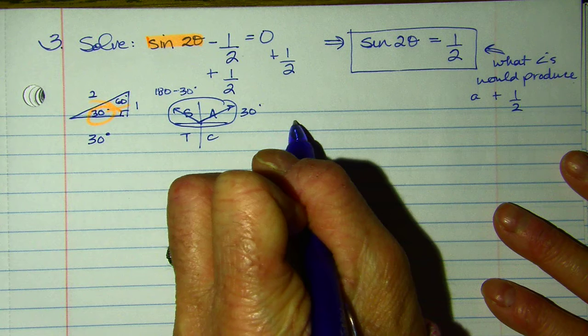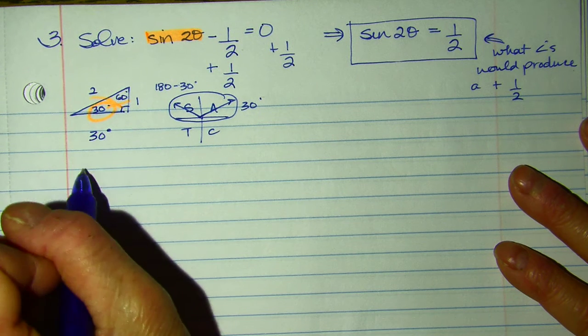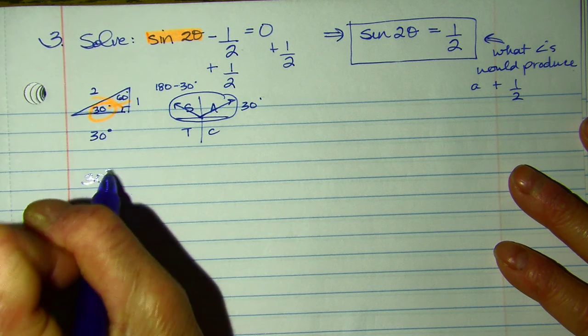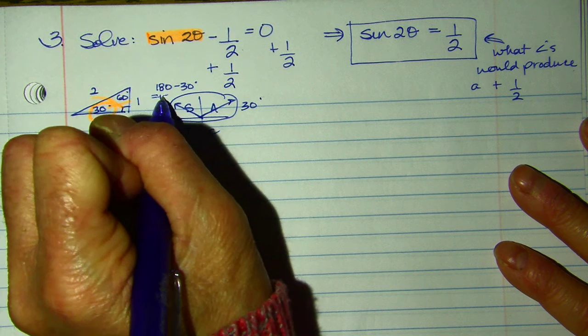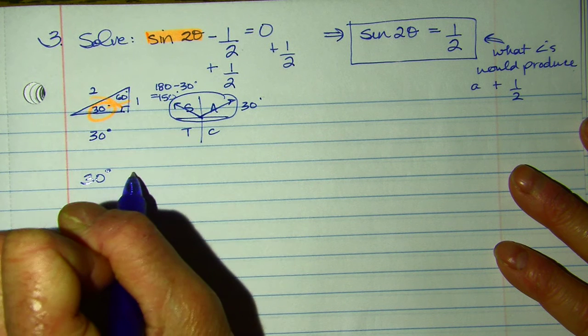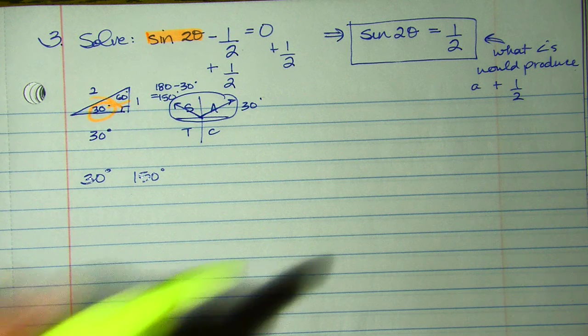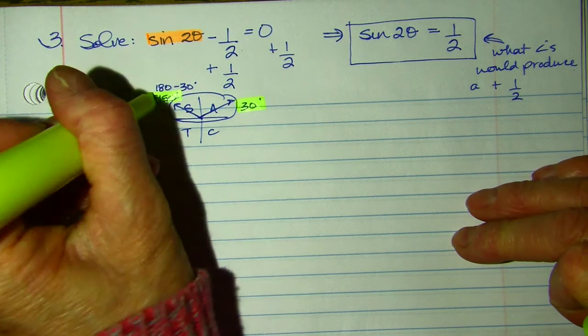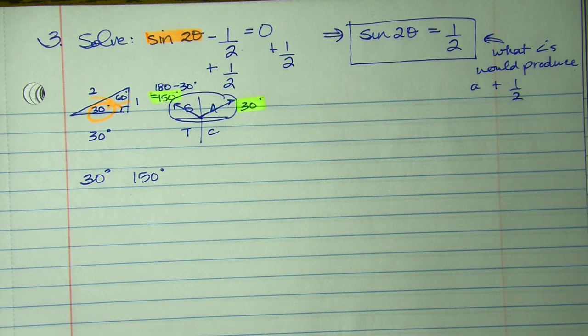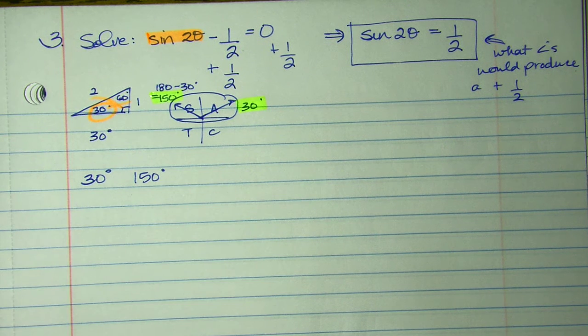So my 2 angles are 30 degrees, and this would be 150 degrees. So if you can see it, let me highlight. My 2 angles would be 30 and 150, but I have 2 times theta.